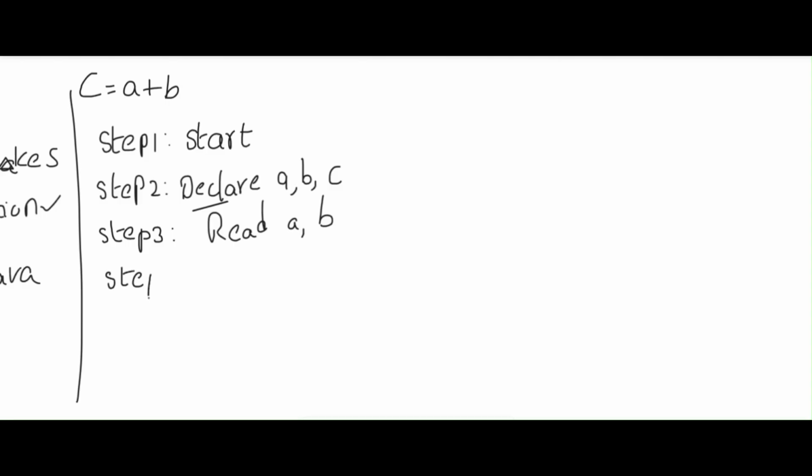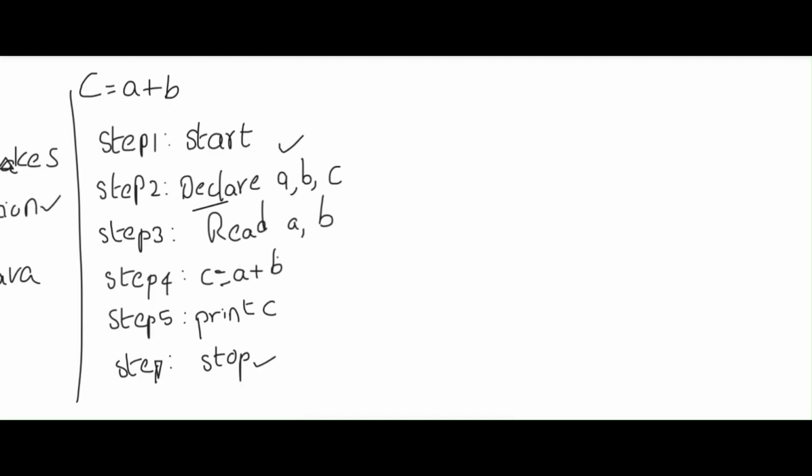You need to have values in A and B. The next step is to add the numbers A and B and keep the result in a variable called C. This is step 4. Then step 5 will simply print the output on the monitor, which is C. And then the last step is simply stop. Steps 1 and 6 are very easy, right? Just start and stop. This is how we write an algorithm.